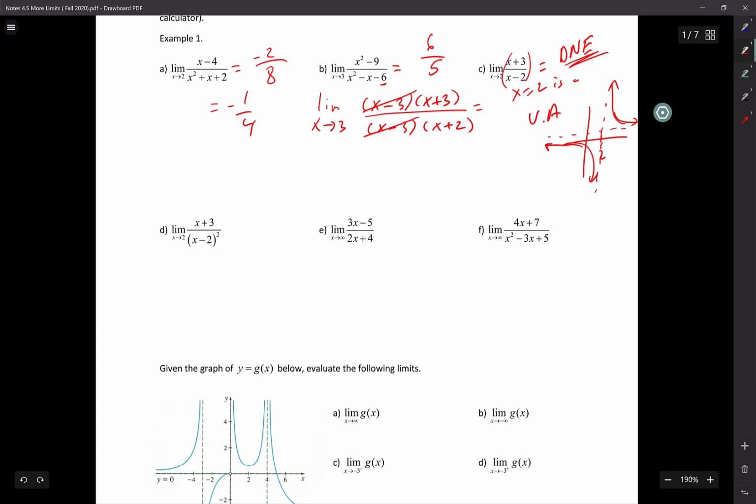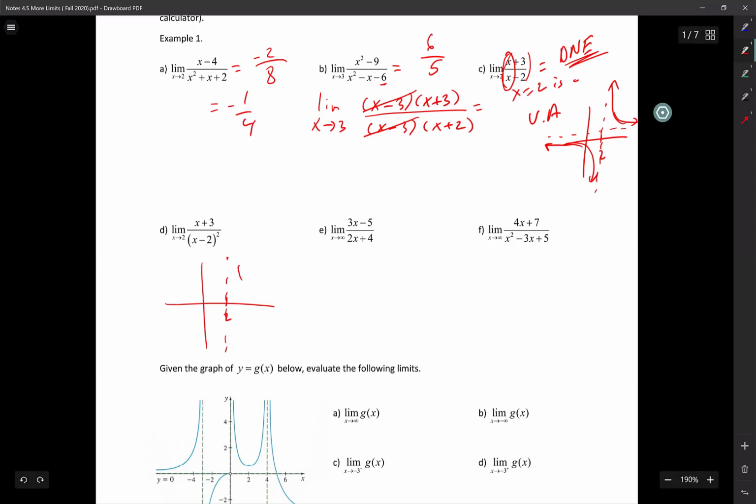How do you know there was a horizontal asymptote? Because I have an x on the top and I have an x on the bottom. So as x approaches infinity, it's just 1 divided by 1. Oh, okay. You see that? And then letter D is similar to letter C, guys. I still have a vertical asymptote at 2, but this time my horizontal asymptote is 0.